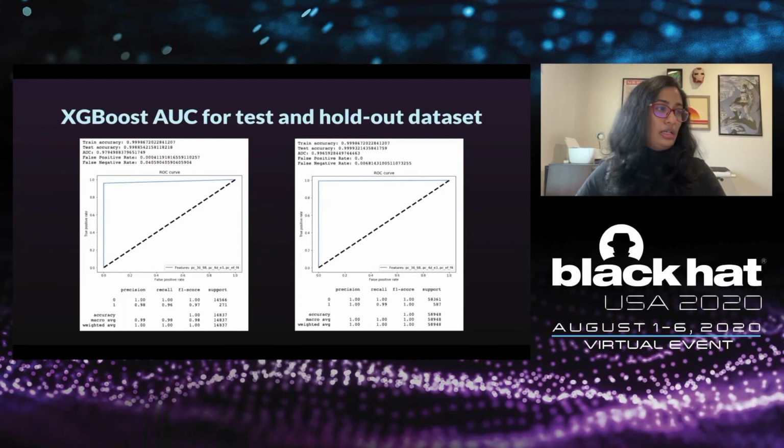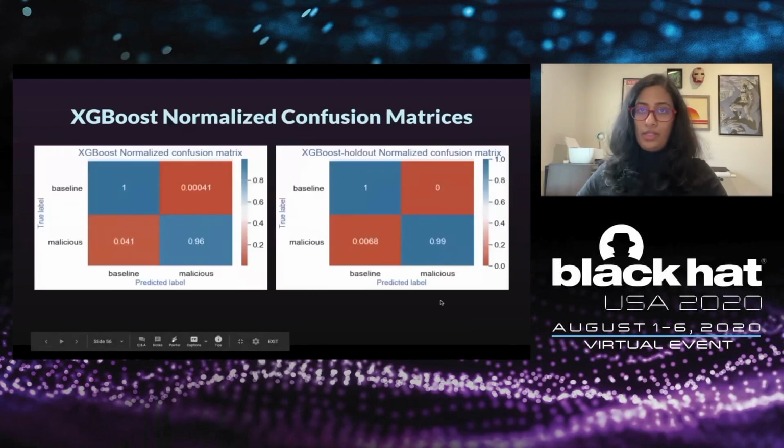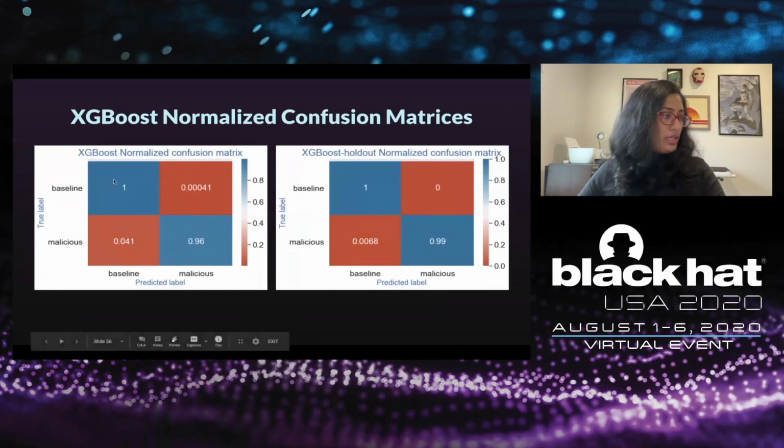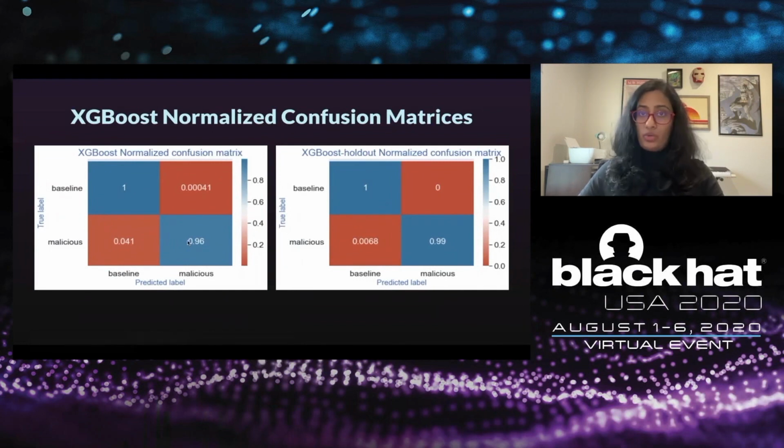Now let's see the confusion matrix for the same model, right? Again, the left shows the normalized confusion matrix for the test data set, and the right plot is for the holdout data set, which had the edited ghosting Spectre v4, right? So again, as we saw before, we need the diagonal to be as high as possible and the off-diagonal squares to be as low as possible.